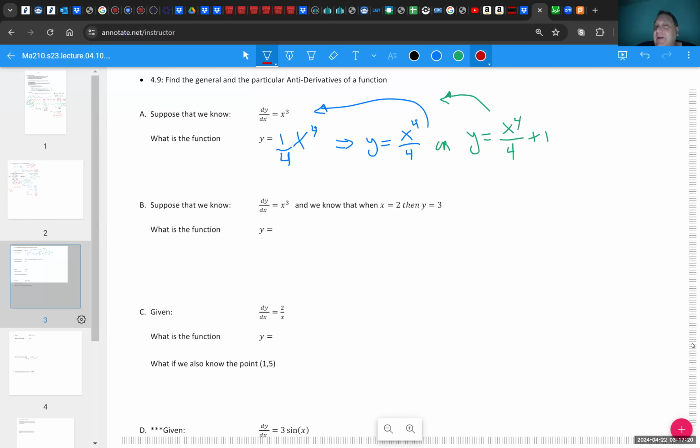And you may be realizing, oh yeah, there are other answers, right? I could have y equals x to the fourth over 4 plus any number, +2 or -7 or plus pi. So we're going to say plus any constant c. c is any constant.